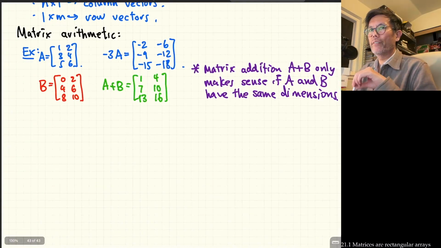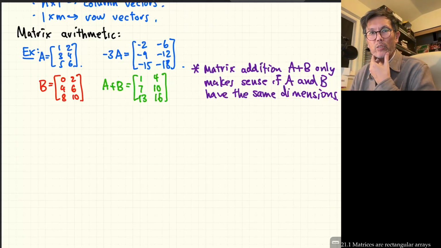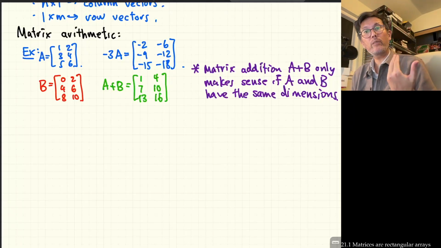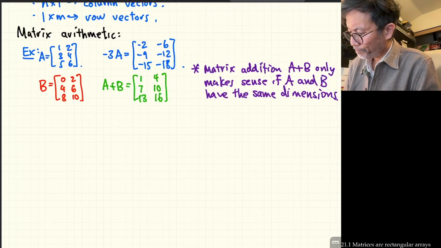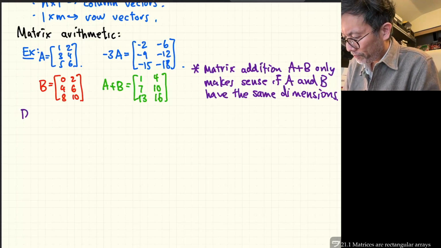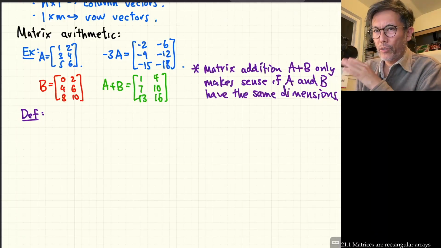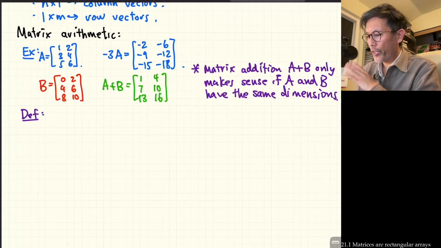There are lots of interesting rules, I suppose, but I won't even mention them. But one operation that I want to mention is called transpose. So, definition. There's an operation called the transpose of a matrix.